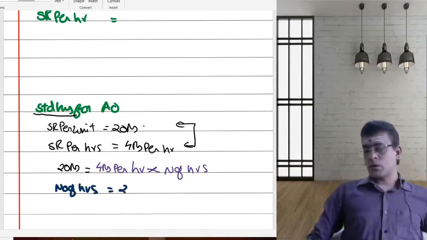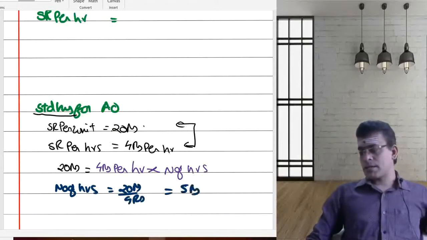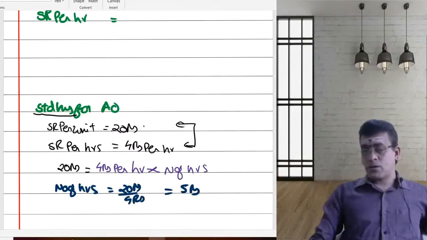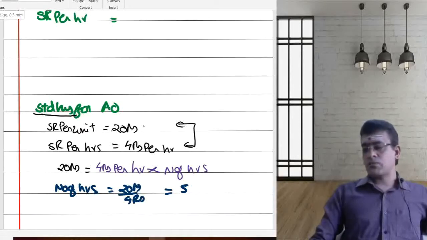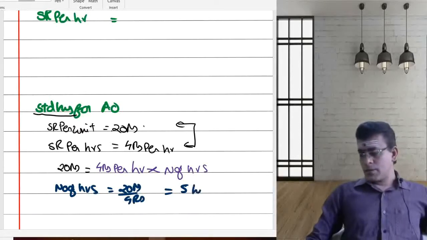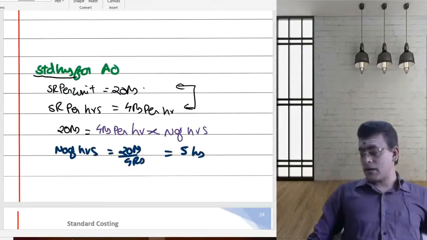The number of hours is 20 rupees divided by 4 rupees, which gives you 5. Sorry, 5 hours, not rupees. So 1 unit requires 5 hours. This is the link established. Now with the help of this, I can easily find out my standard hours for actual output.